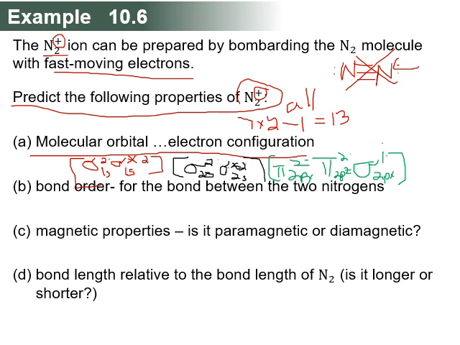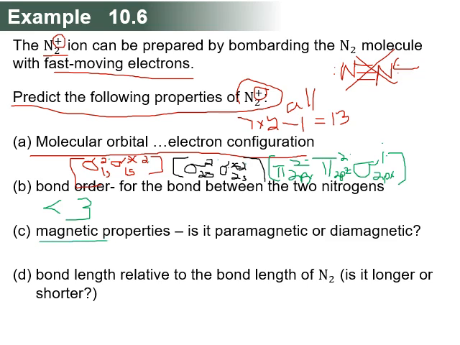Now the bond order for that bond between the 2 nitrogens, what would that be? We would look at the number of bonding and the number of anti-bonding electrons and take half of that. Normally an N2 has a triple bond in between. But if we take an electron away, I'm thinking it's going to be less than 3 because now it's not going to be as strong. It doesn't have as many in the bonding orbitals.